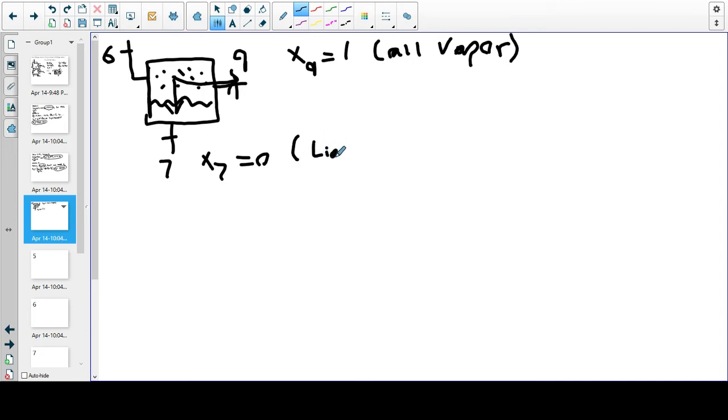But for this one, I'm going to break it down differently because I don't like that we keep interchanging these, because X obviously we all think is quality, and so I'm using X's as quality. So X7 is equal to 0 because it's all liquid, and X9 is equal to 1 because it's all vapor. So we're going to solve state 9 first. Just keep that in mind.